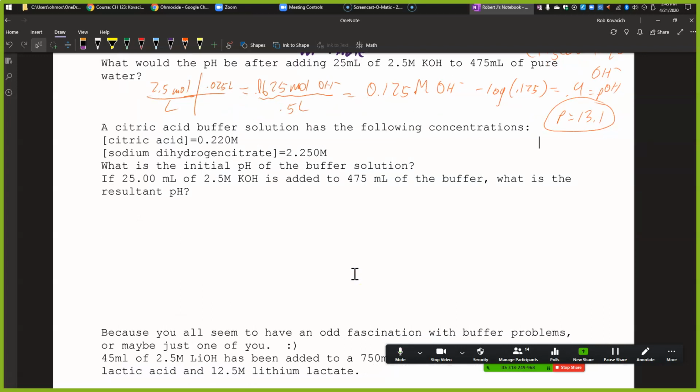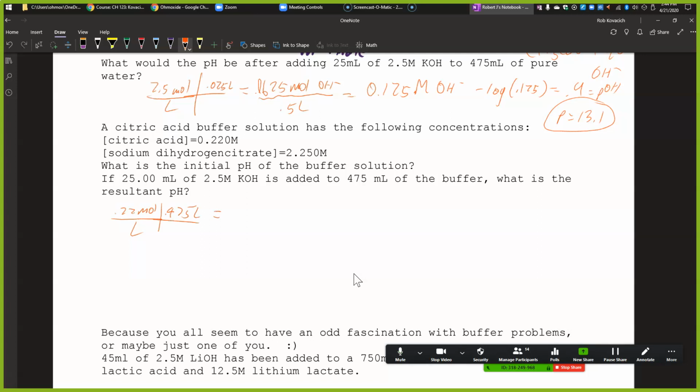So I need to know all of my little pieces here. I've got 0.22 moles per liter, and this is 0.475 liters.